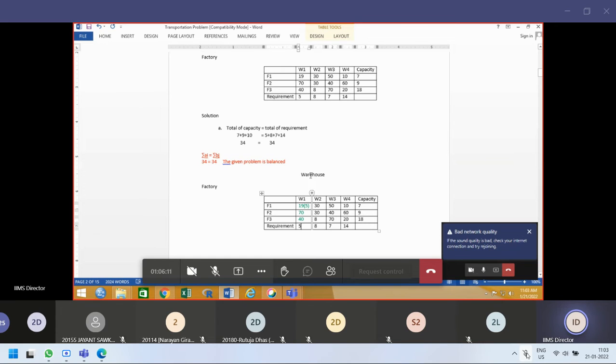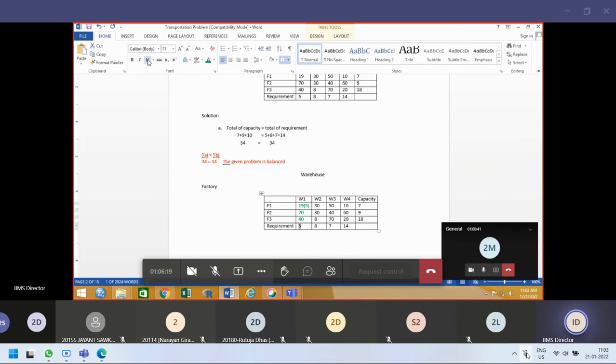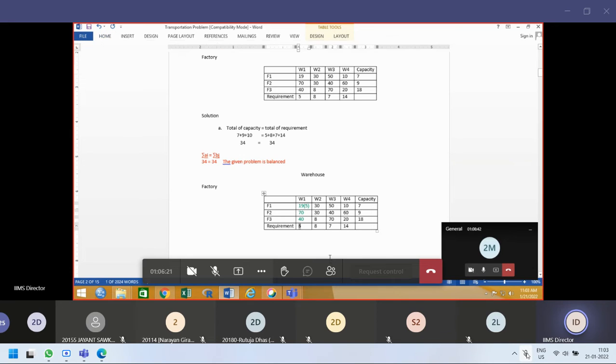So this entire 5 is over. So I'll put the dash here. I'll cross out this. Out of 7, how much is allocated? Logically, the meaning of this is factory 1 has a 7 tons capacity.